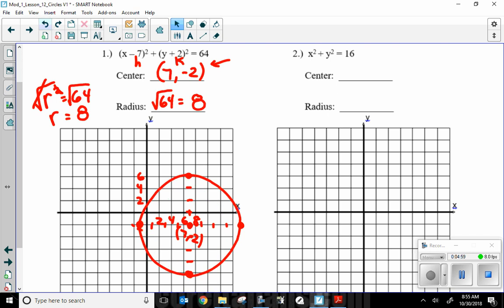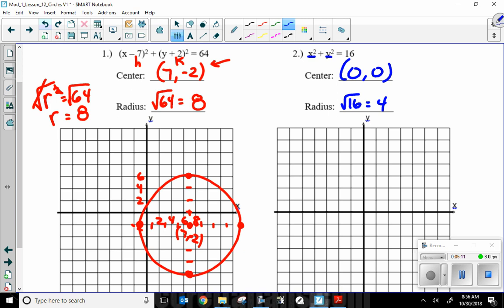All right, let's look at this next one. I don't have anything next to my x and y, so my center is 0, 0. The radius is the square root of 16, which is 4. Here's the origin, and I go 4 up: 1, 2, 3, 4. 4 to the right: 1, 2, 3, 4. 4 down: 1, 2, 3, 4.